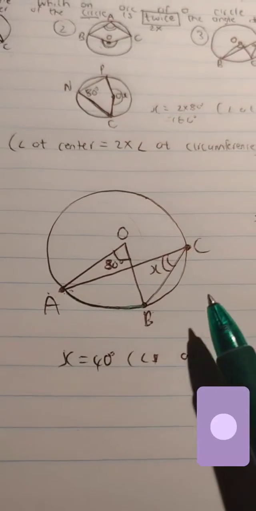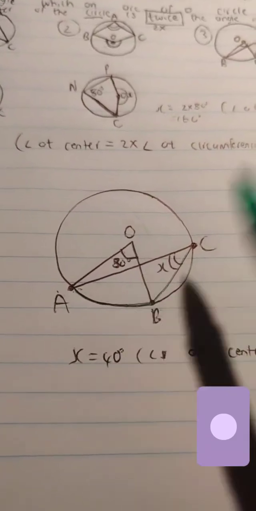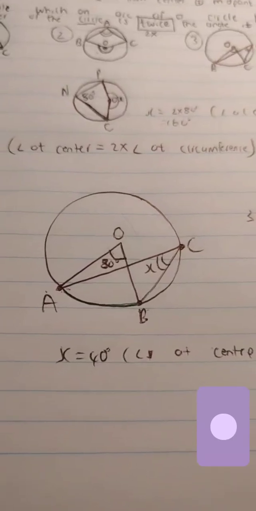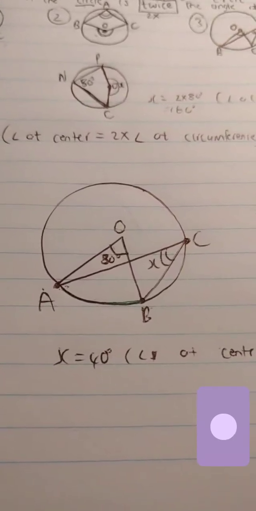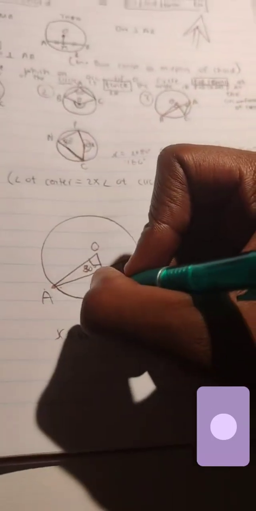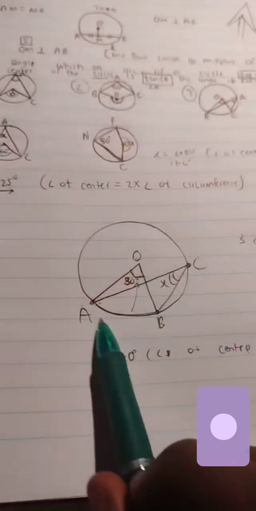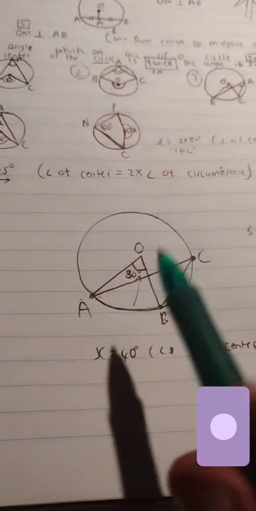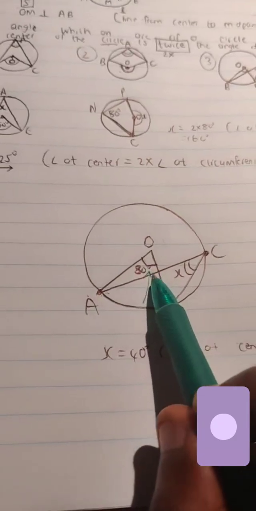Let me ask you, why are you saying it's AB? Because it subtends from the center. Okay, so you are right. You are correct, arc AB is the only arc that subtends the angle at the center.